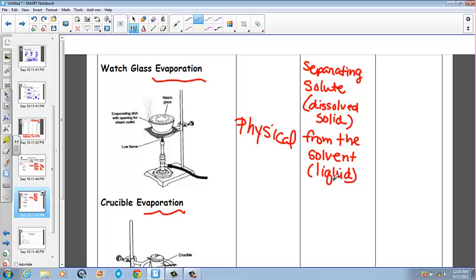Okay, so liquid. And how this happens is through boiling the solution.